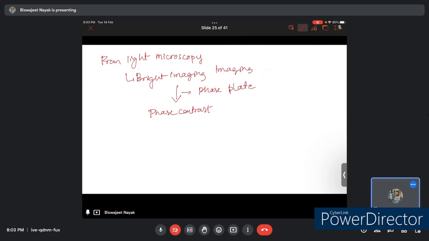How is this phase plate helping in getting the phase contrast?